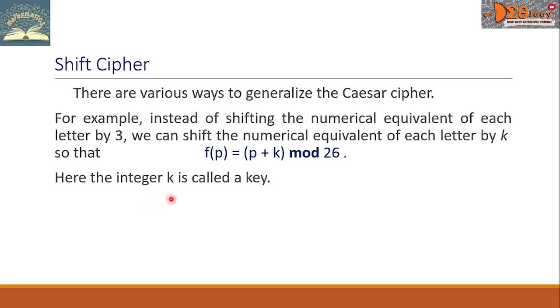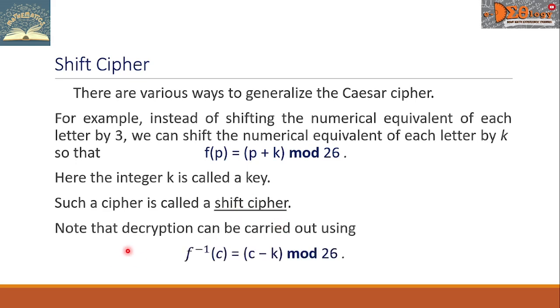Here, the integer k is called a key. Such a cipher is called a shift cipher. Note that decryption can be carried out using f inverse of c, which is equal to (c - k) mod 26.